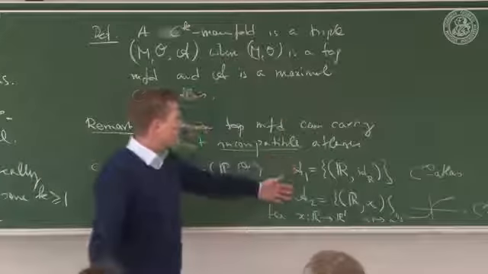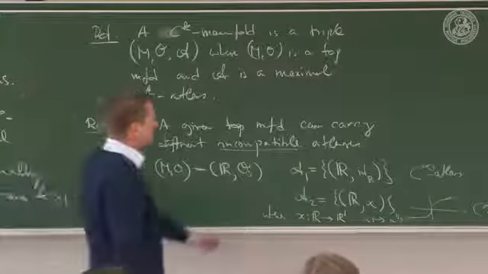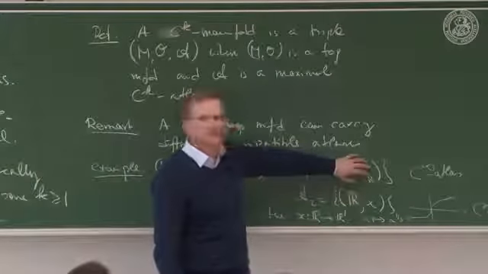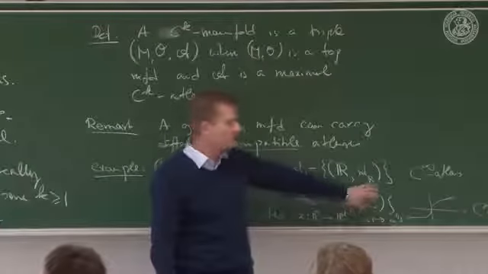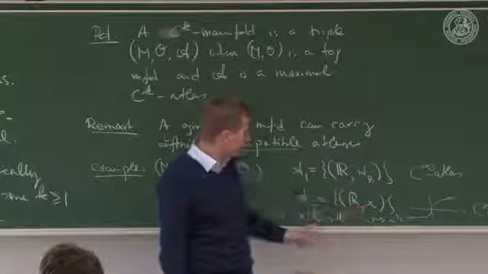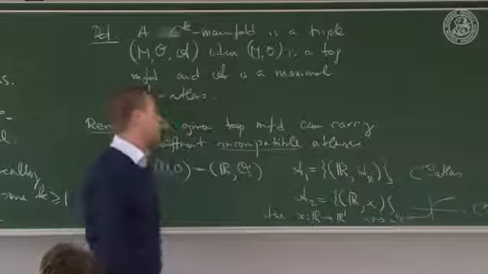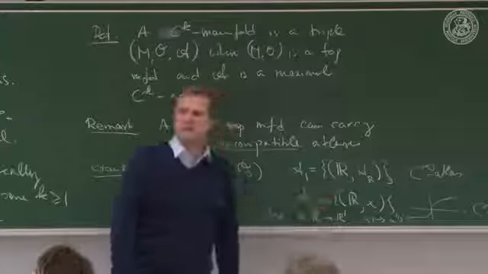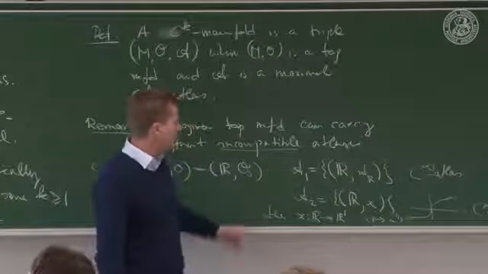Now we can make both of them into maximal C infinity atlases by adding to this one all the other charts such that the transition functions are C infinity, and we can make this one, A2, into a maximal C infinity atlas by adding all the other charts such that the transition functions between this chart and all the other charts is C infinity.